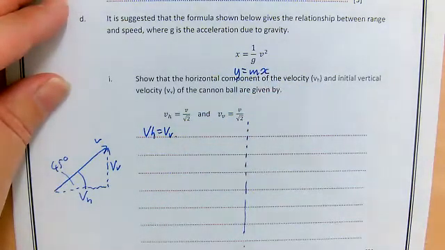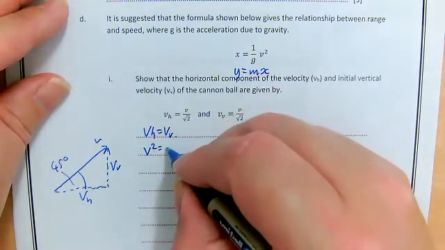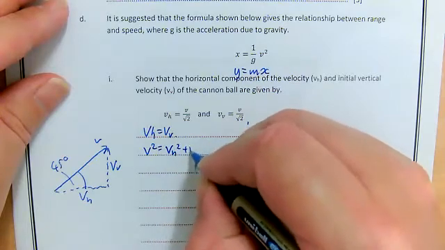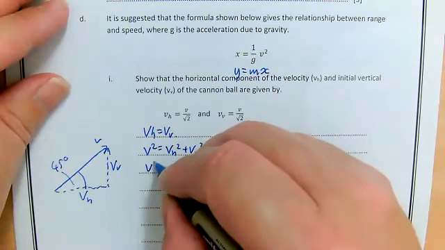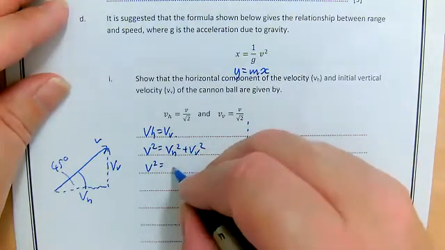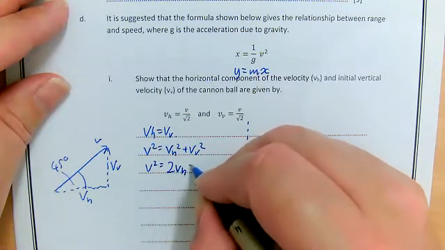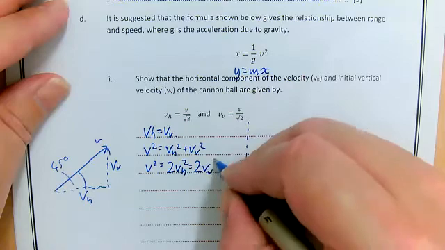Okay, so if we think about it, v squared is going to be vh squared plus vv squared, because you're using Pythagoras theorem. As the two of them are the same, v squared is going to be 2vh squared.